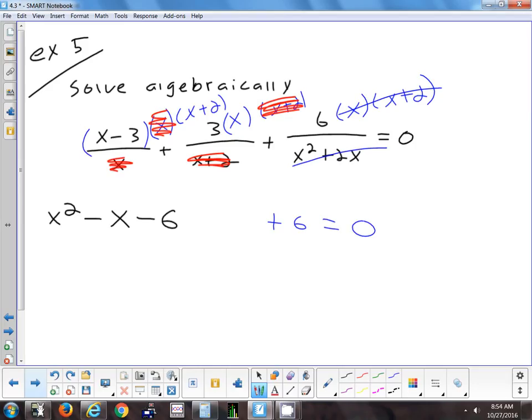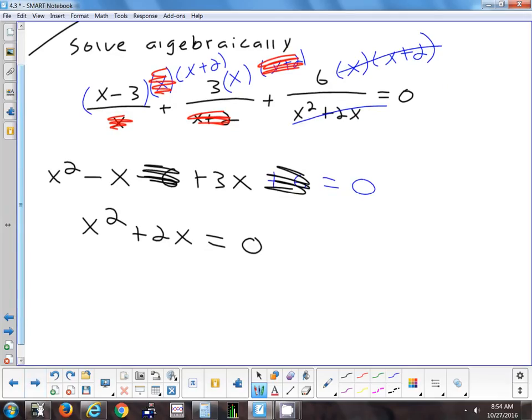That's going to be kind of nice. That's the first one, and now the second one is just 3 times x. Negative 6 plus 6: we got rid of our constant, so you never need to do the complicated factoring if you don't have a constant. It's going to be a lot simpler. x squared plus 2x equals 0.